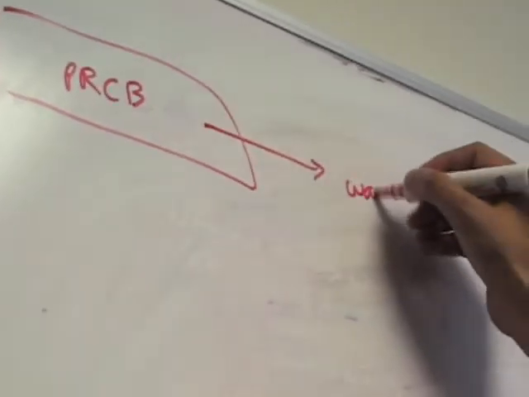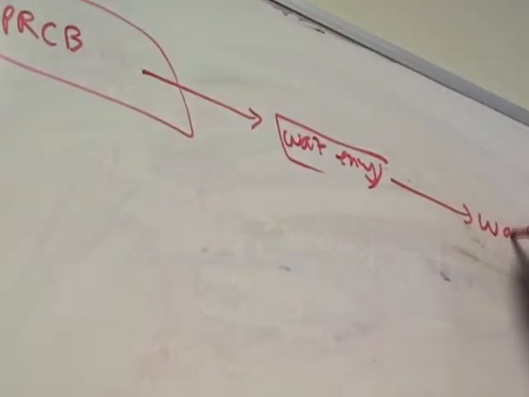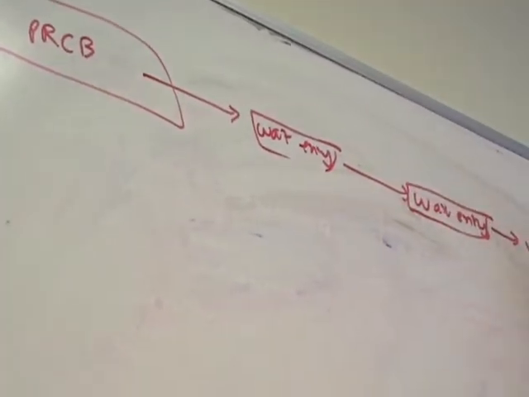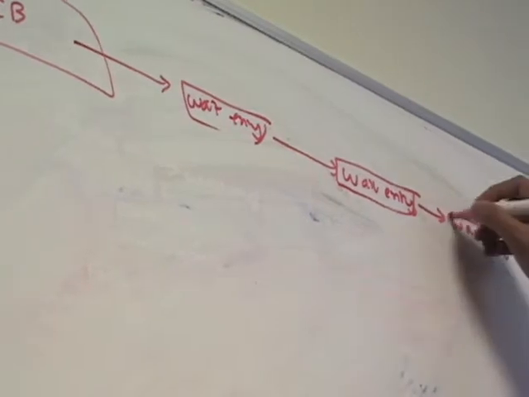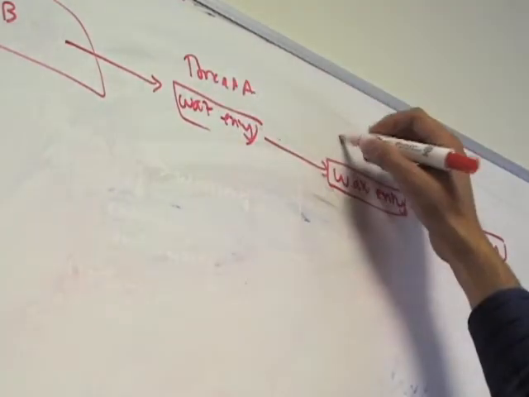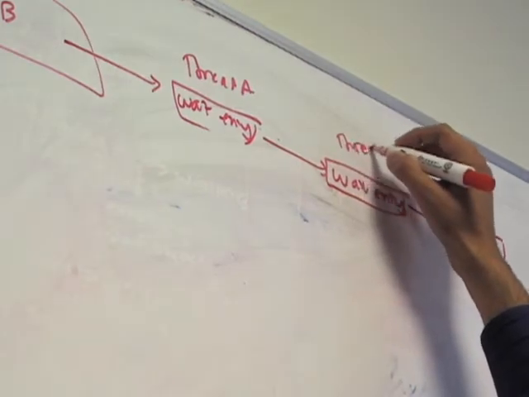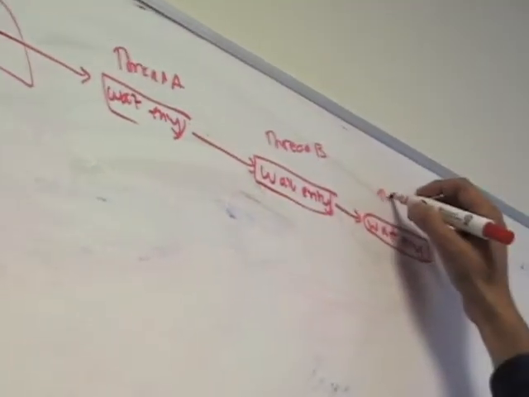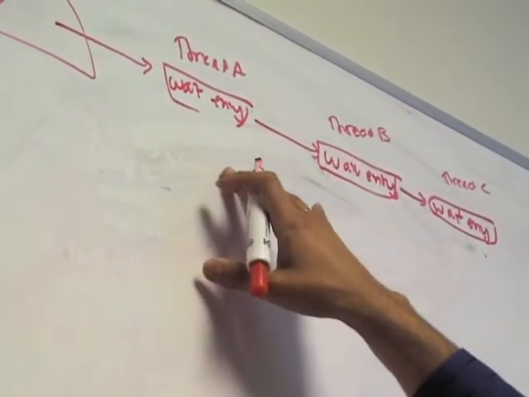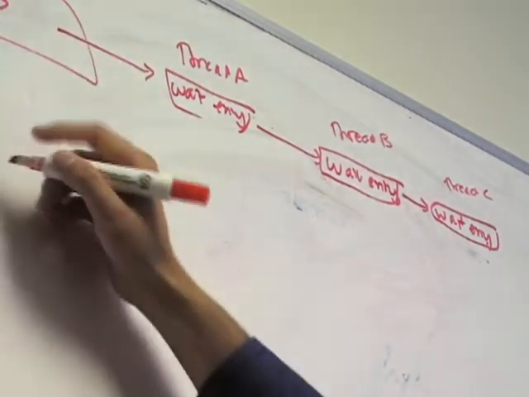And across this, we can have a wait entry. What these wait entries are, is they're associated with threads that blocked on an object while running on this CPU.